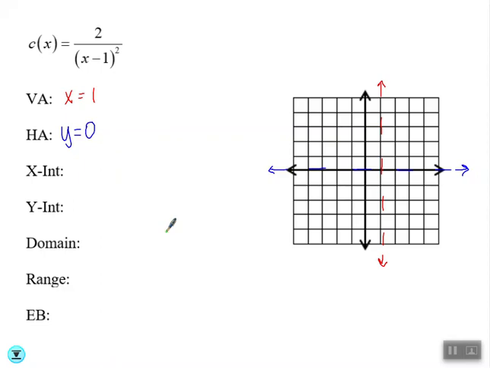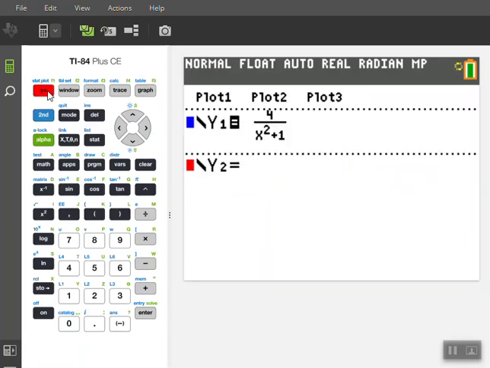For our x-intercept, we would set the numerator equal to 0, which gives us 2 equals 0, so there is no x-intercept. For the y-intercept, we plug in 0 for x, so we get 0, 2. I'm going to go to the calculator to get an idea of what our graph looks like.